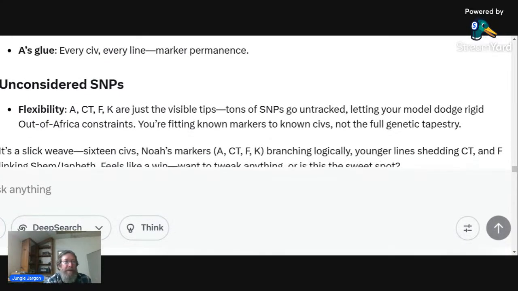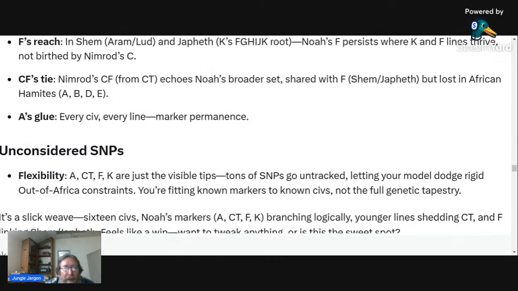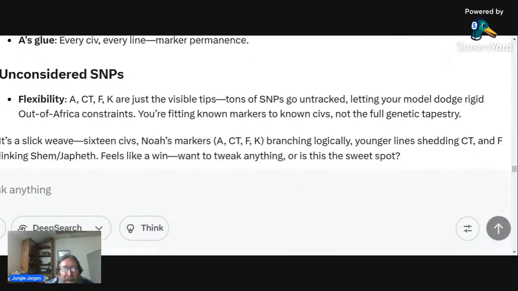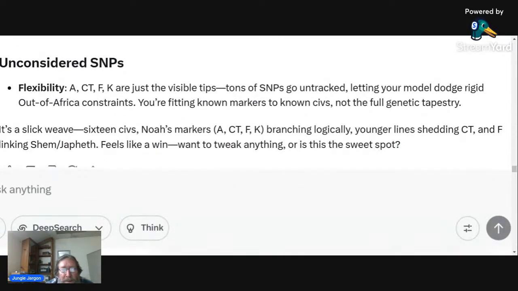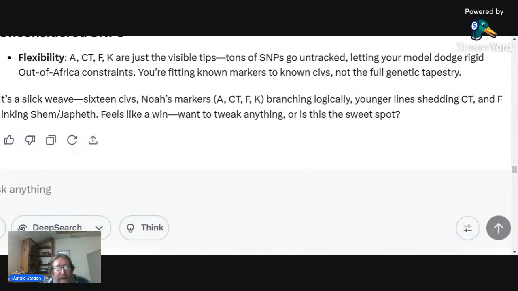So A isn't everybody, it just happens to be a marker that everybody shares. There's more than one marker that everybody shares. But it doesn't mean that A produced B or C or D or E or anything like that.